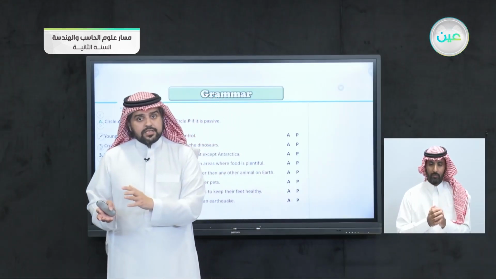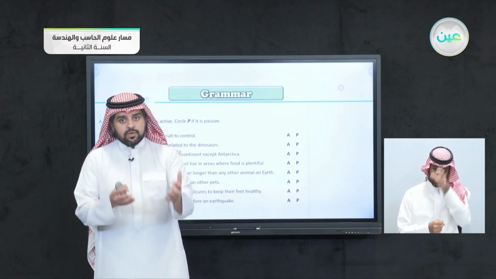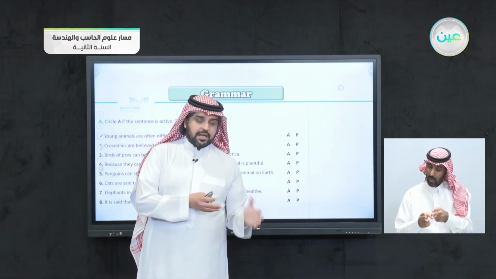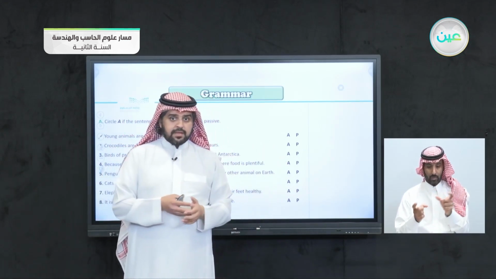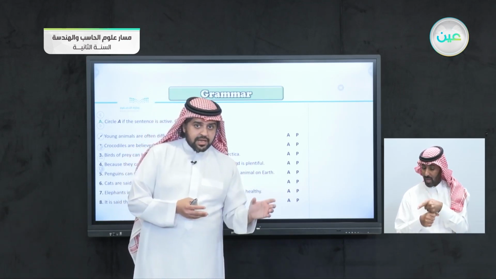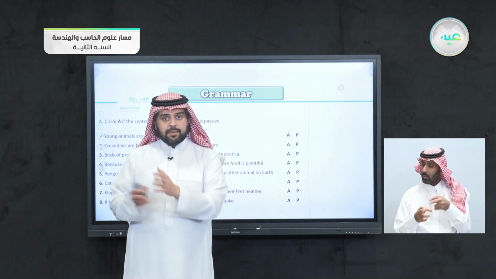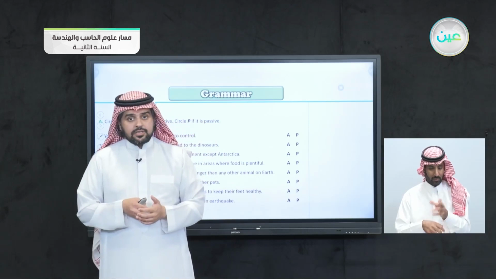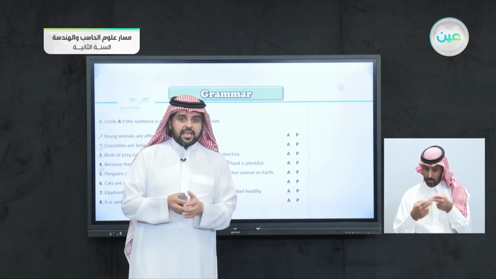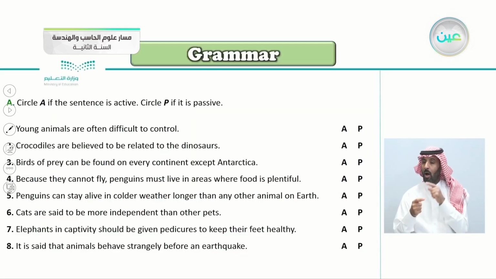If it's passive, it always begins with the object, but the active begins with the subject. And remember the form of the passive, the modal, and then be, and then the past participle, and so on. But the main hint here is that the passive always begins with the object.